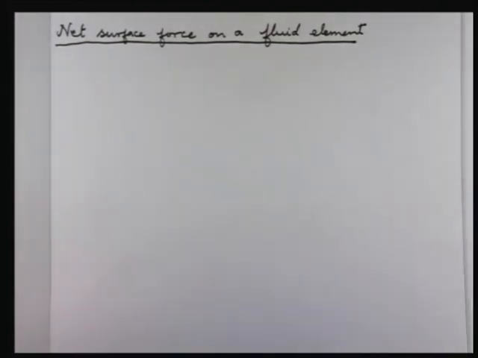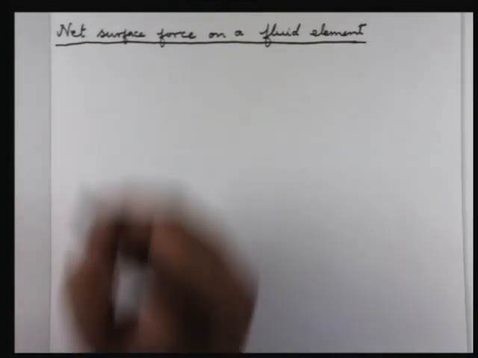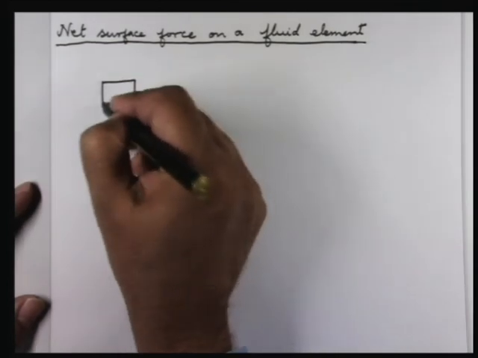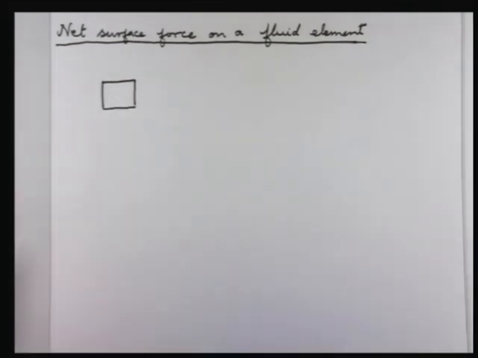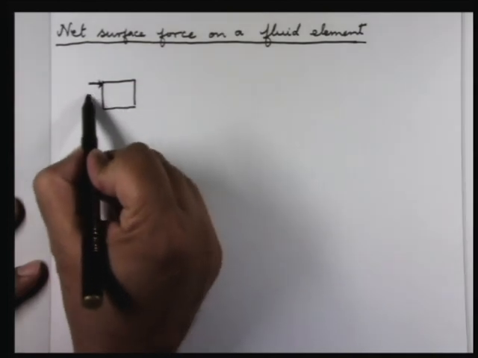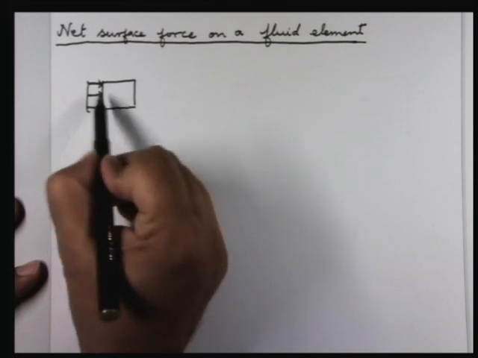So let us start with simple cases, then we'll go to more general cases. Suppose I have a fluid element which is in the form of a rectangle, and let us assume that the pressure variation in the fluid is such that the pressure is a constant. Then if I show the pressure distribution on this face, it's a distributed force. So these are the arrows which show the direction of the force.